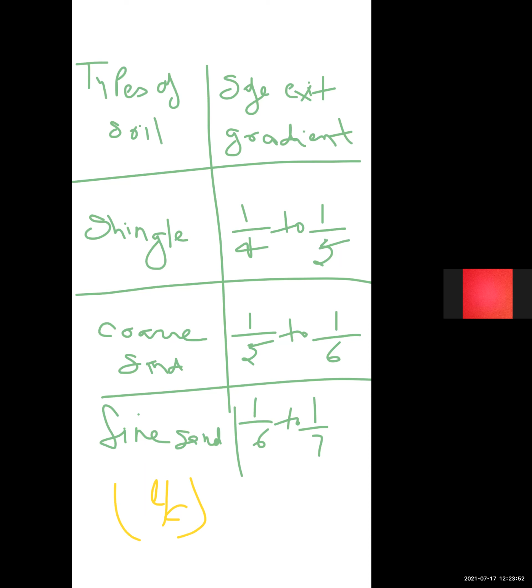So it is absolutely necessary to have a reasonably deep vertical cutoff at the downstream end of the downstream floor to prevent undermining, and the depth of this downstream vertical cutoff is governed by two considerations. The first is the maximum depth of a scour, and the second is the safe exit gradient.